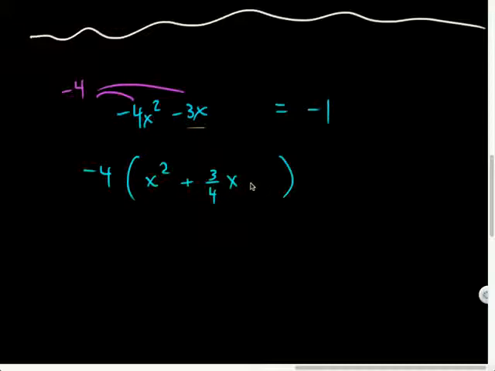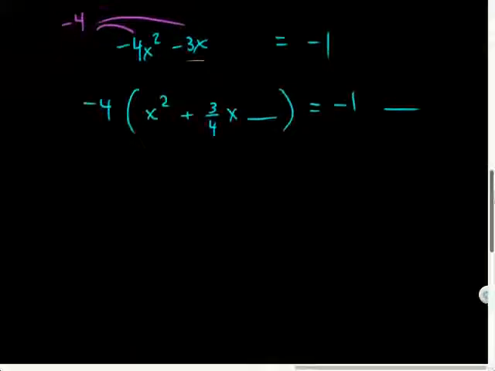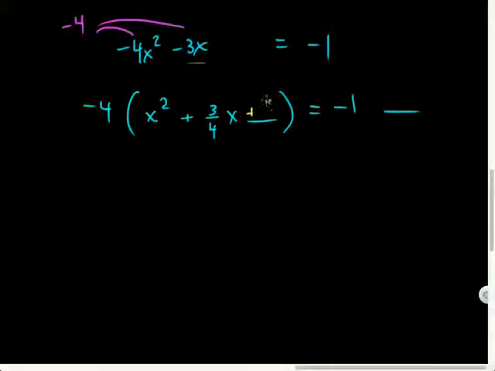So I just want to point out that that is possible. Then I would have added 9/64 in here. If I added 9/64, what would I have had to add over here? You have to multiply by 4. 9/64 times 4, actually even worse, the negative 4.